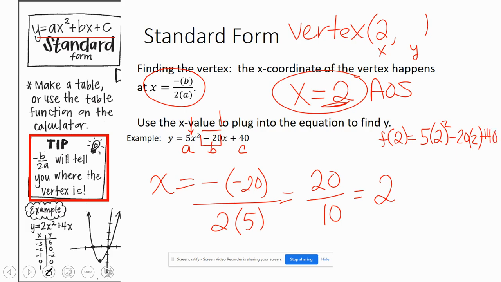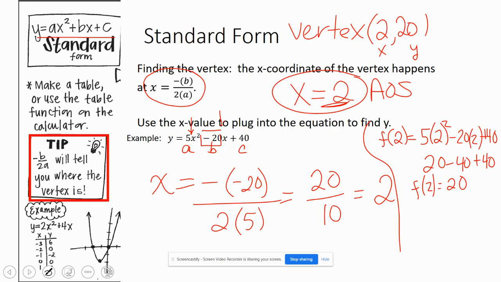So 2 squared is 4, 4 times 5 is 20, 20 minus 40 plus 40 is 20. So that means that the y value would be 20.